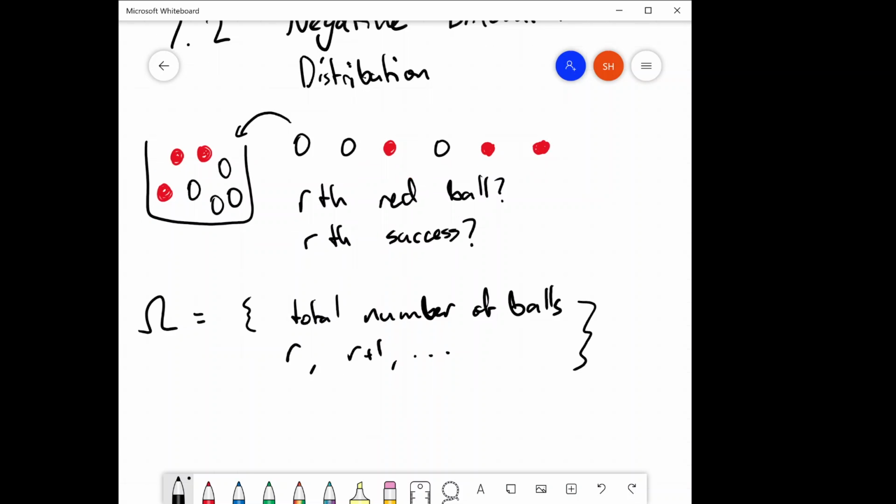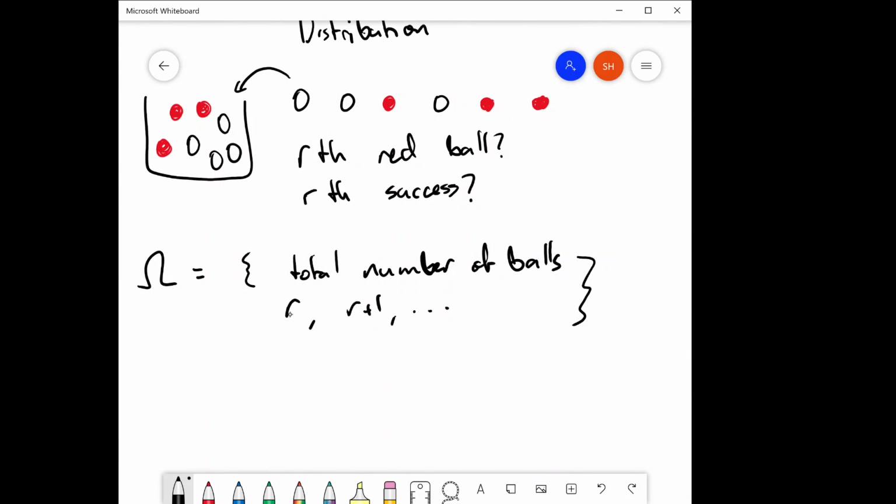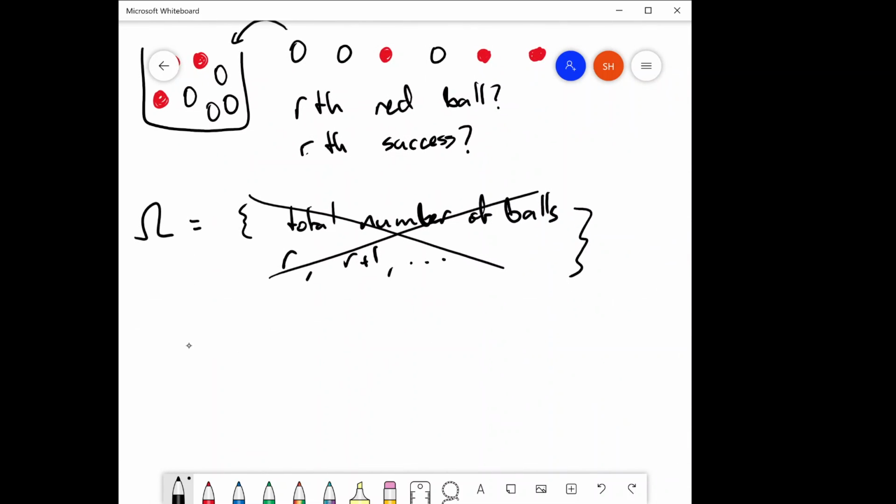But this is a bit annoying because now our sample space is changing when we change r. So let's chuck this out, and let's instead take our sample space to be the number of white balls before the rth red ball.